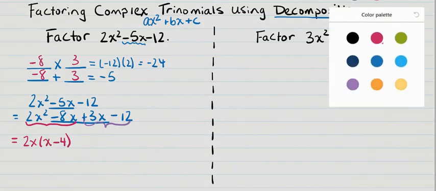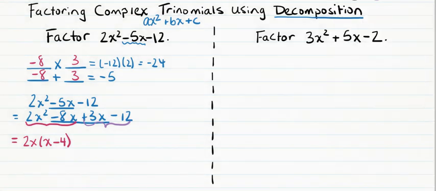And the common factor from the last two terms, 3x and negative 12, I can take out a common factor of 3, and I'm left with x minus 4 again, because 3 times x is 3x, and 3 times negative 4 is negative 12.